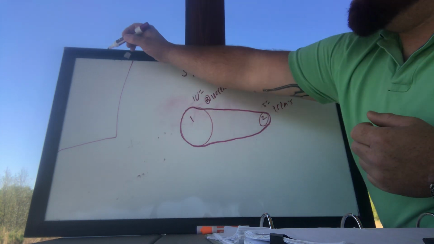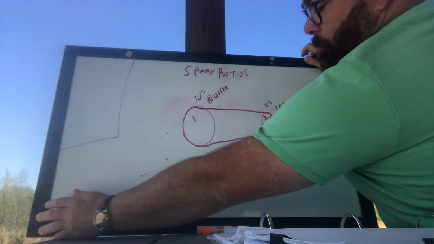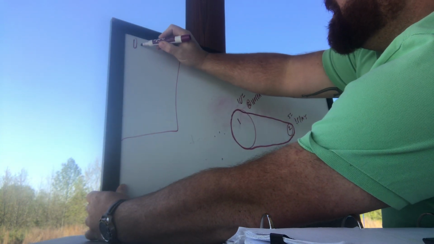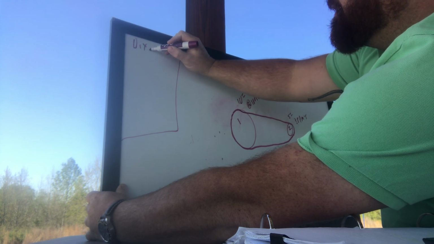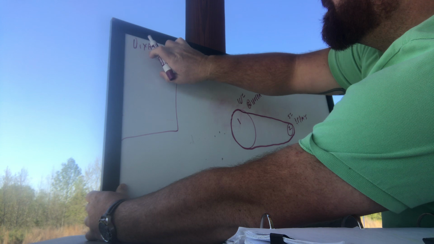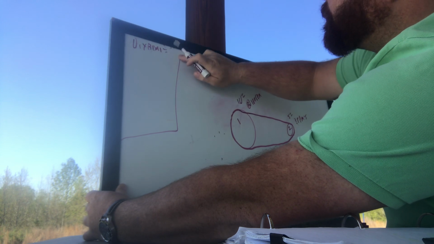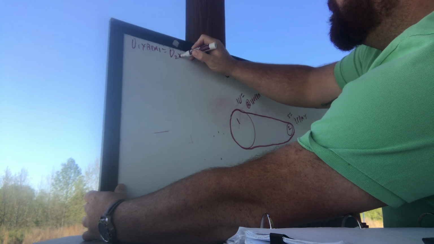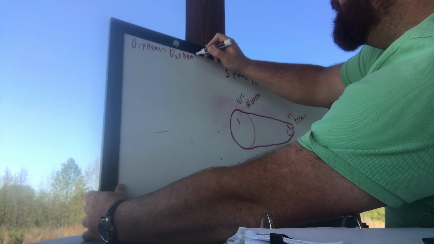So in this case, I'm going to move my board so I can reach it. D1 times RPM1 equals D2 times RPM2.